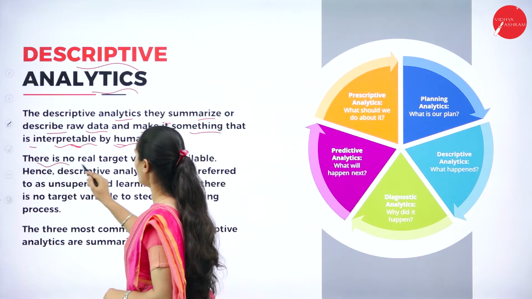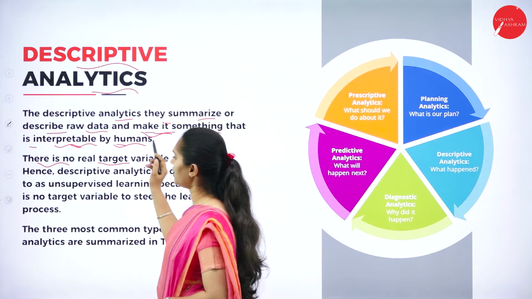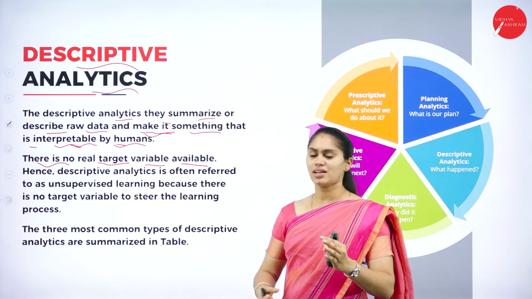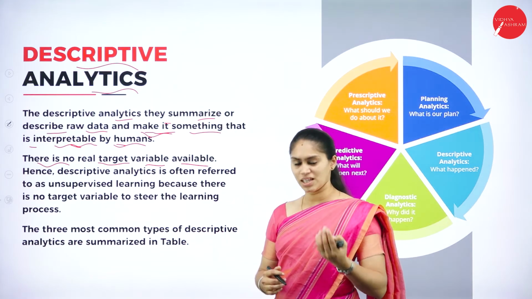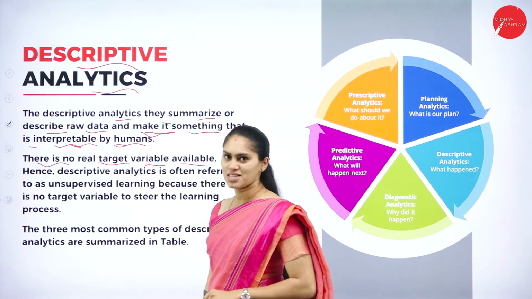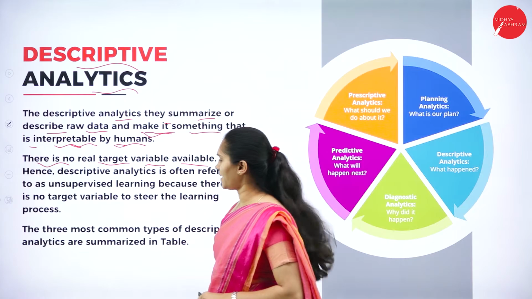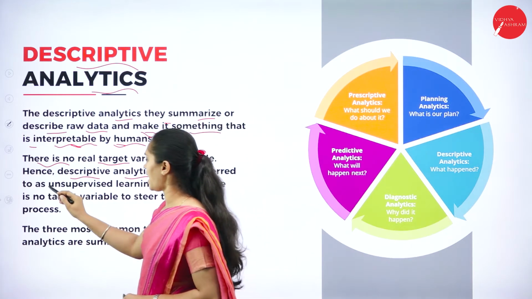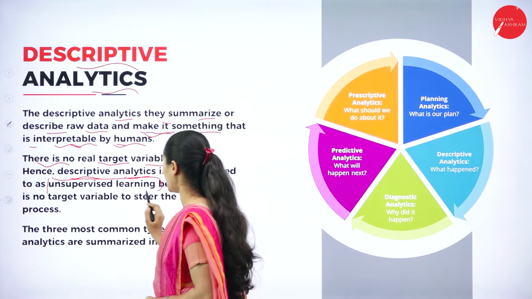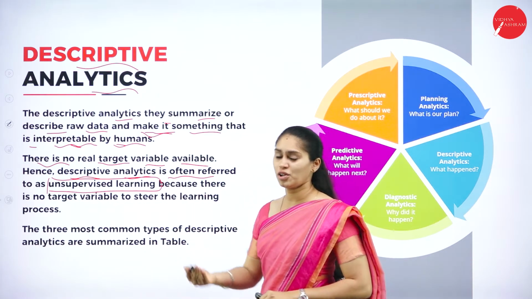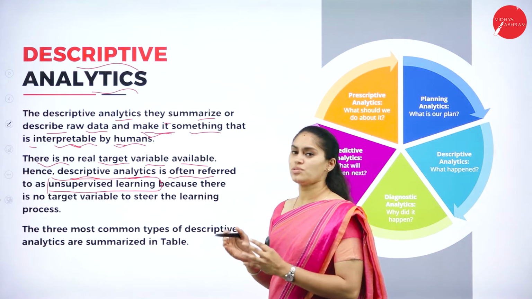There is no real target variable available for descriptive analytics. Whatever decision we make, or however our thinking works, there is no target variable in descriptive analysis. Descriptive analytics is also often referred to as unsupervised learning, because it is not based on specific rules and regulations.